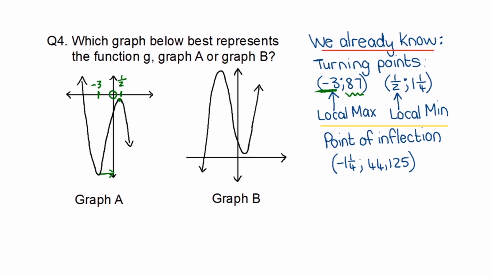So it's not here. Let's see, the x value -3 will be on this side. Yes, 87 can be read off here, it's positive. And even the other turning point, if that is a half, a positive 1.25 is the y value that goes with it. So in other words, I'll conclude and say this one is the graph that will represent the g.